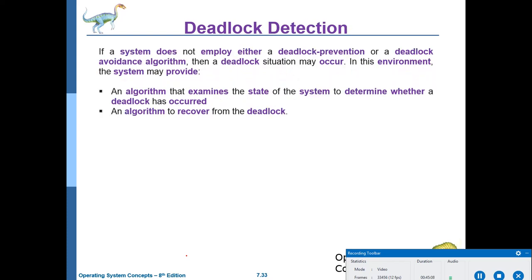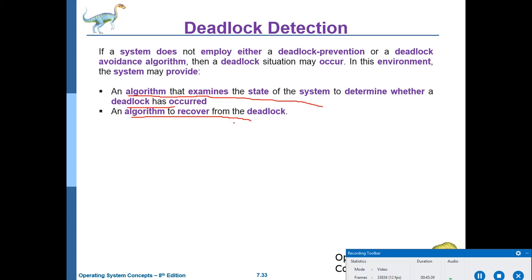Now, if a system does not employ either deadlock prevention or deadlock avoidance, then deadlock may occur. So in this environment, if a deadlock occurs, what will the system do? In that case, the system will provide some algorithm or procedure which will examine the state of the system and check whether a deadlock has occurred. And if a deadlock has occurred, this algorithm will help the system recover from it.